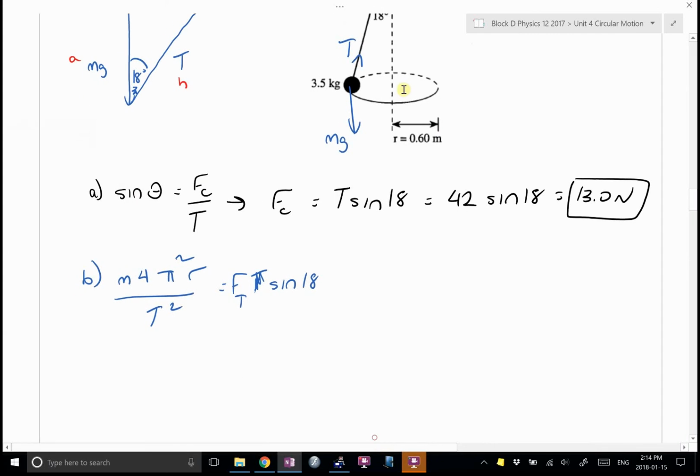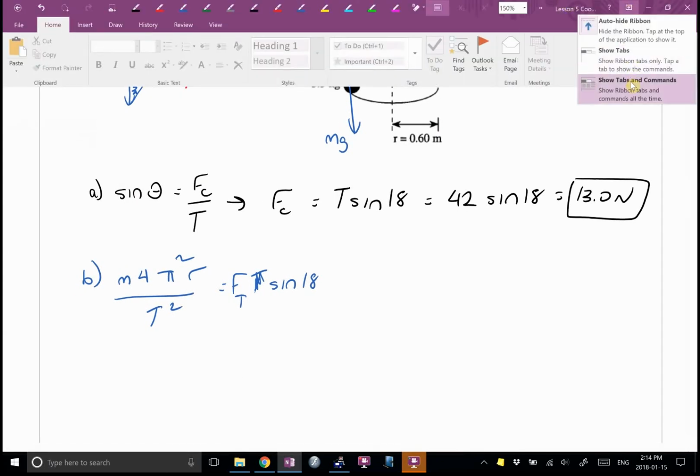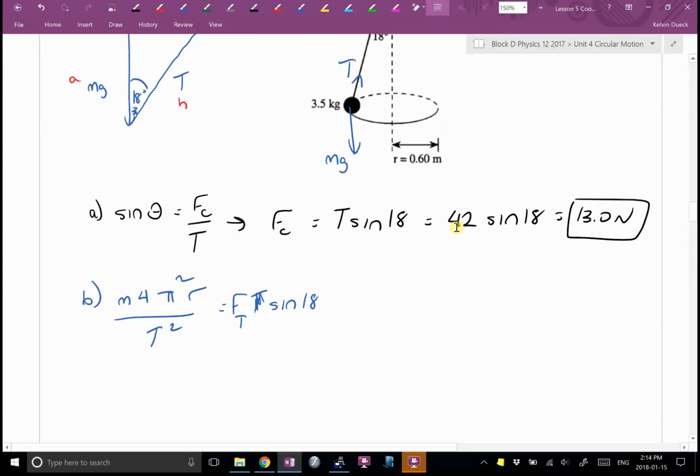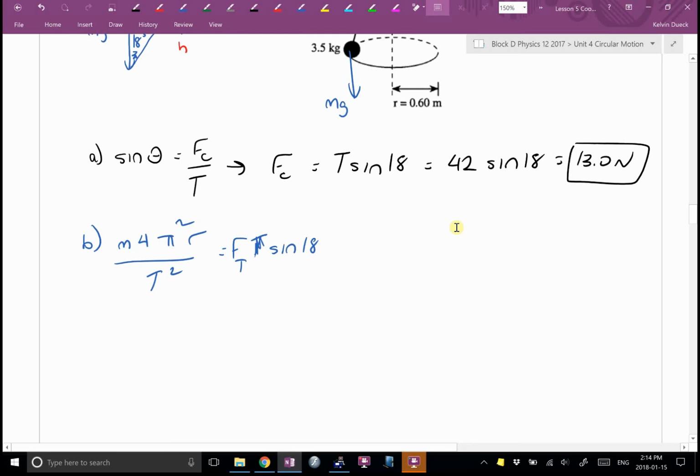What am I trying to find in B? Okay. How would I get the period by itself? I think times it to the top, divide the tension and the sine over, and square root. It's going to be m4 pi squared r all over tension sine 18, square root of that. What was m?